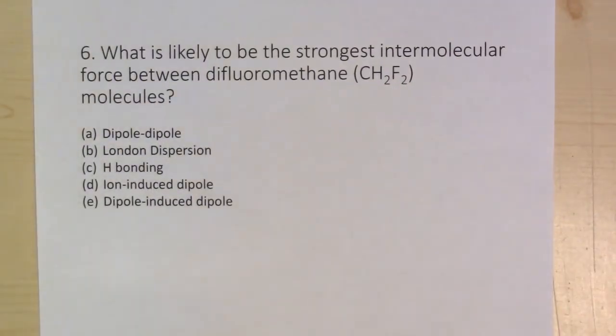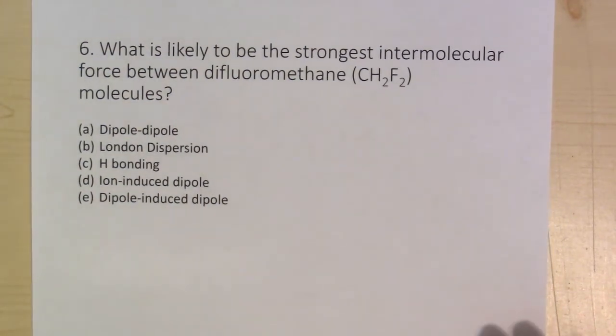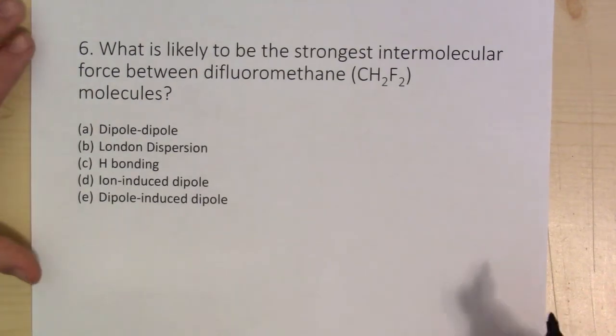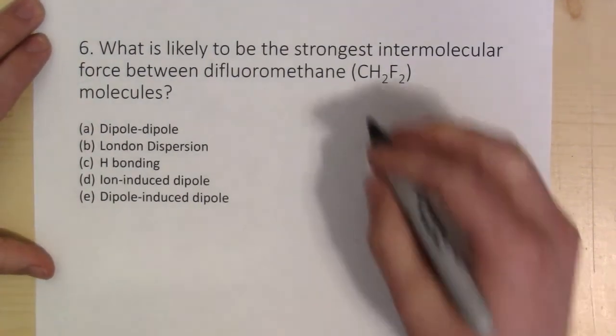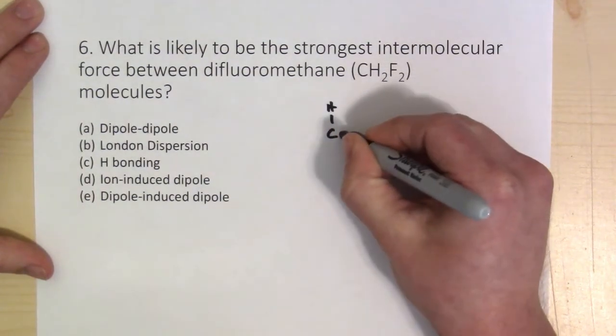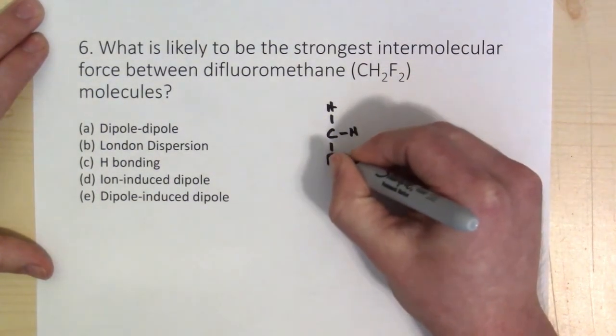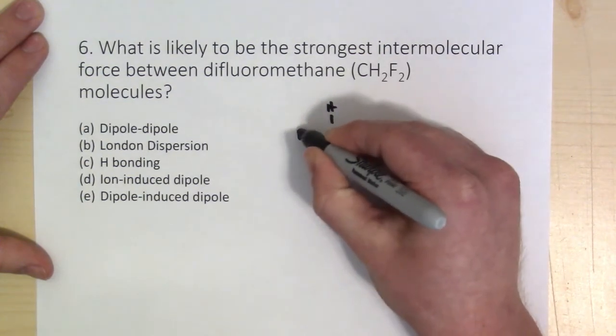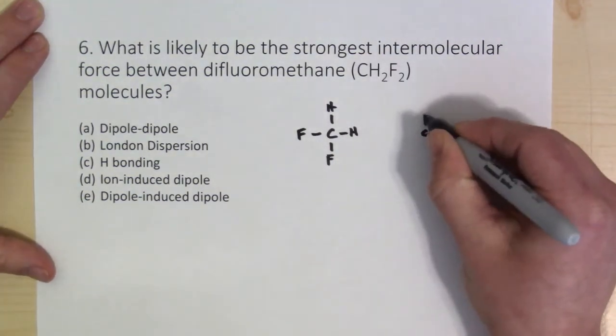Moving on to problem number 6. It asks which is likely to be the strongest intermolecular force between difluoromethane molecules. So that's going to be between two molecules of difluoromethane. So if we draw each of those molecules, let's draw two of them.